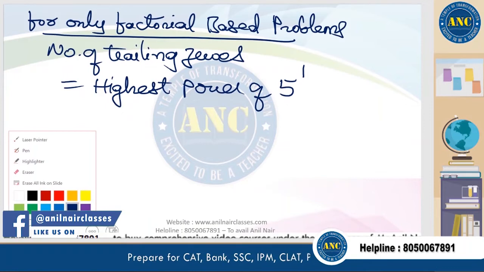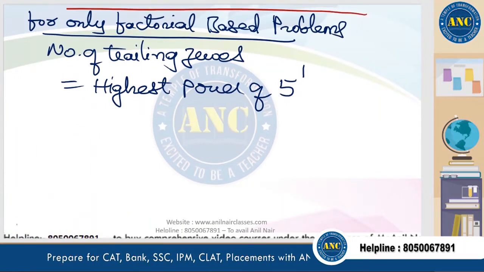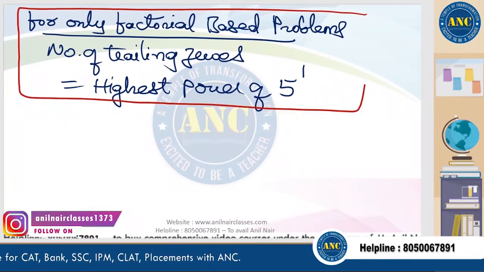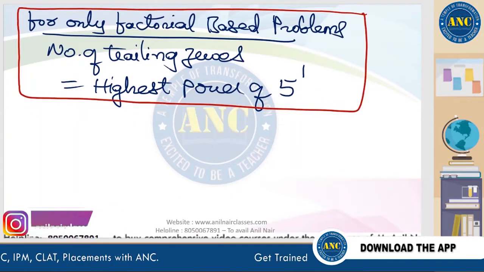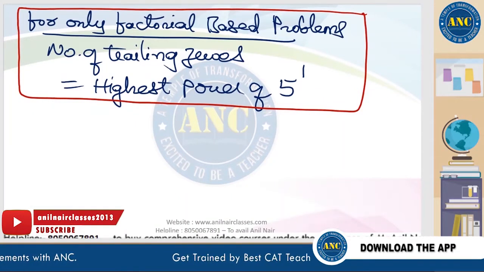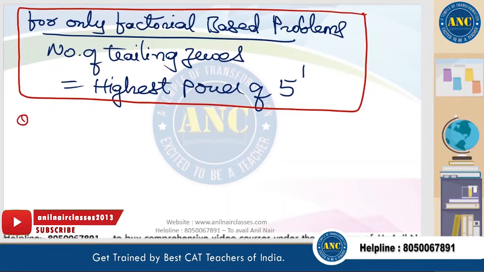Sir, what happens if it is not factorial? That also we will discuss. Only for factorial based problems, the number of trailing zeros will be equivalent to the highest power of 5.